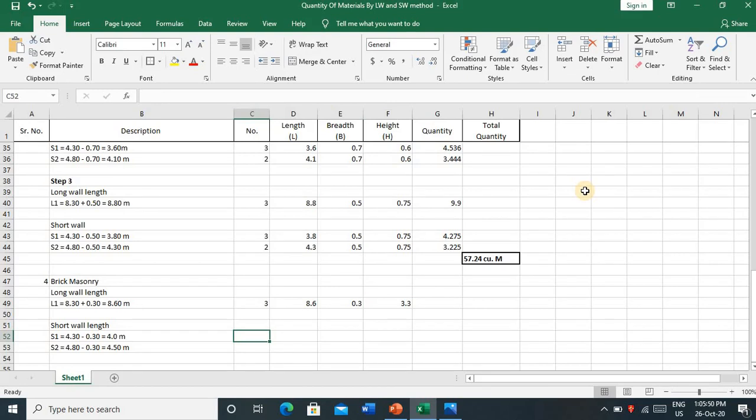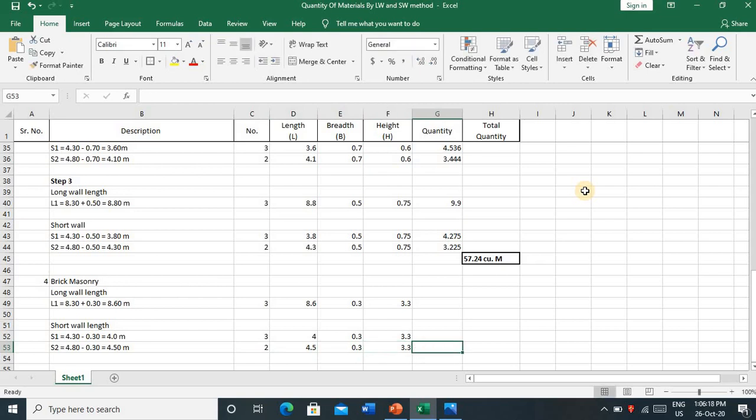Okay, then short wall one is number 3. Again your length 0.3 is your breadth, height is same 3.3. Number 2, length is 4.50, 0.3, 3.3.